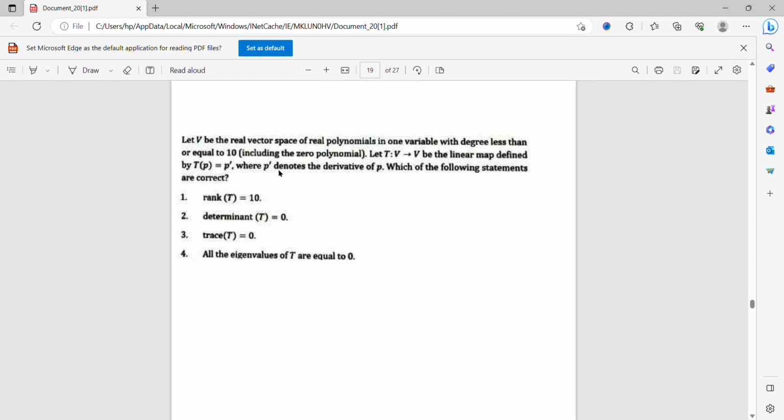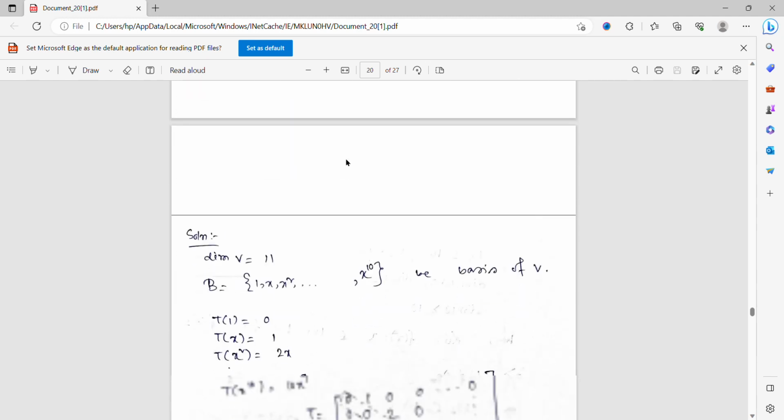Okay, so it is given that V is a real vector space of real polynomials in one variable with degree less than or equal to 10, including the 0 polynomial, and the linear map is defined as T of P equal to P prime. Now which of the following statements are correct? This is also an MSQ problem.